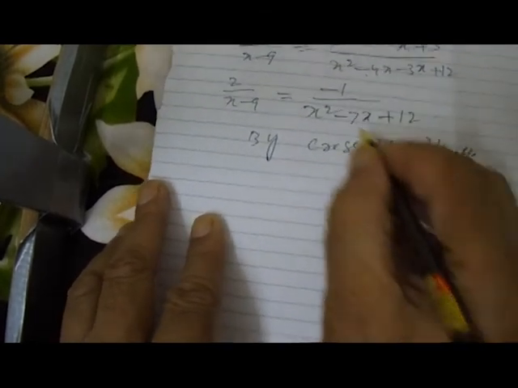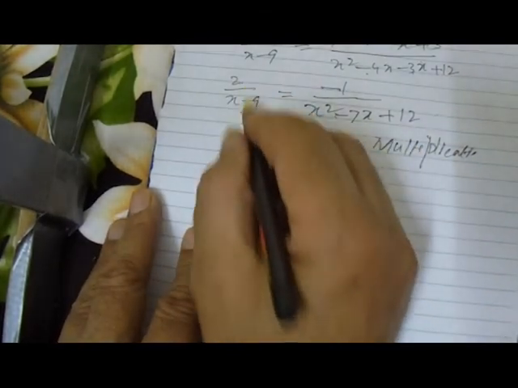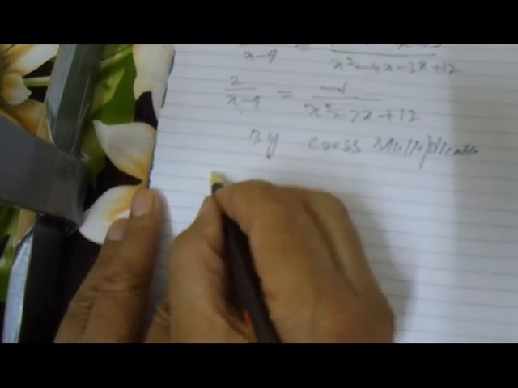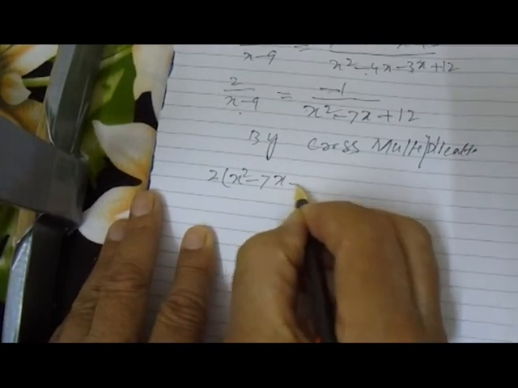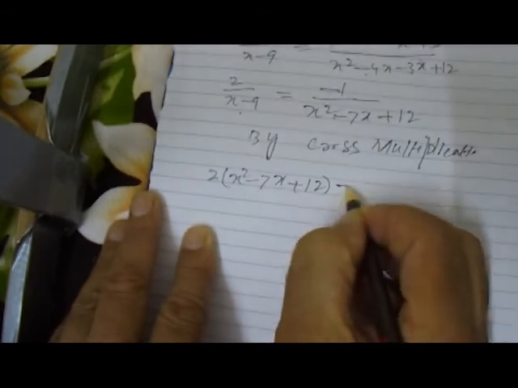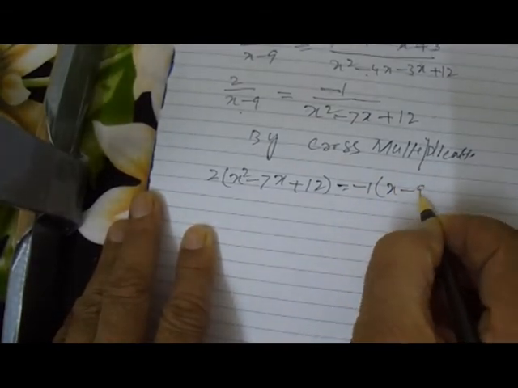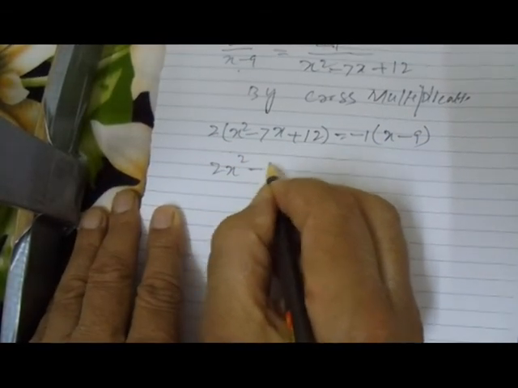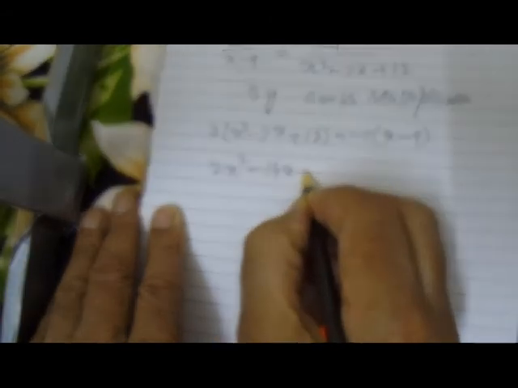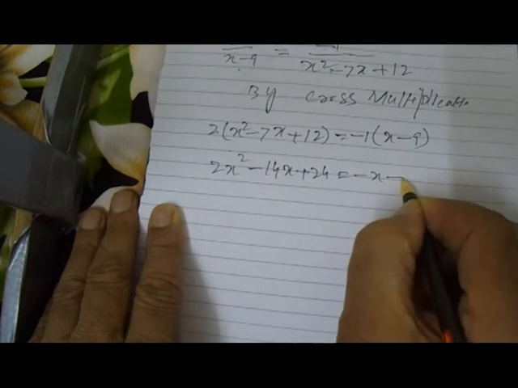like this, minus 1 multiplied by this term and this multiplied by this, we write this 2 in x square minus 7x and plus 12 is equal to minus 1 multiplied by x minus 9 here. Now here 2x square minus 14x plus 24 is equal to minus x plus 9.